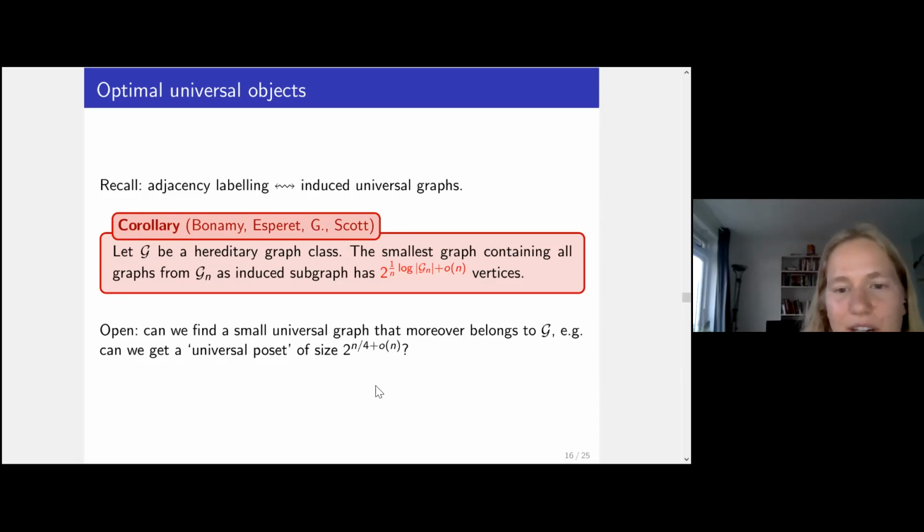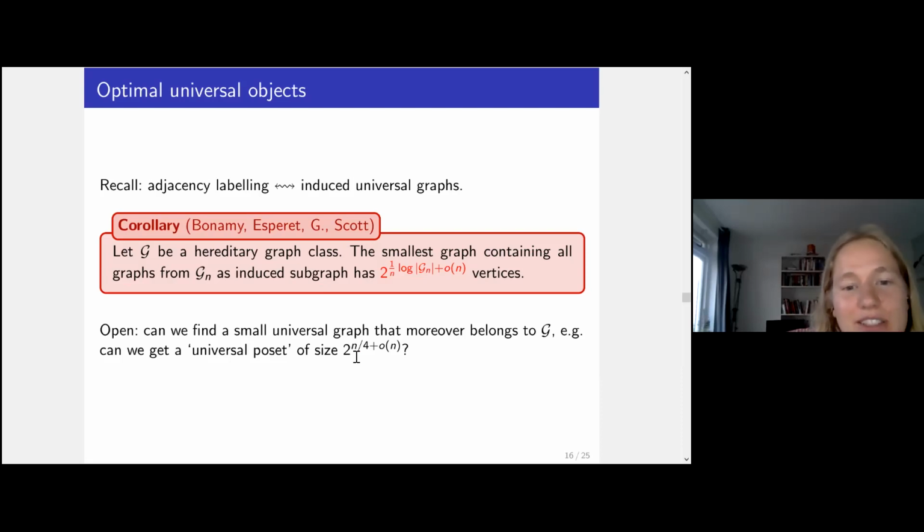In particular, we are not guaranteed that the induced universal graph that we get actually belongs to the graph class. In general, you might not care about this, but if you want, say, a universal poset, so a poset that contains all posets as induced posets, then our scheme doesn't give you this, because we don't know that our labeling scheme for comparability graphs actually gives you a comparability graph. And in fact, I think it just doesn't.